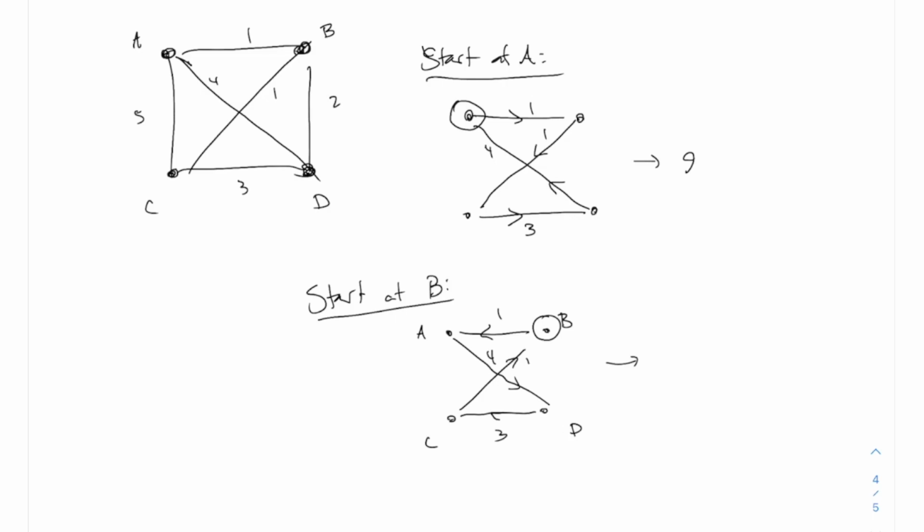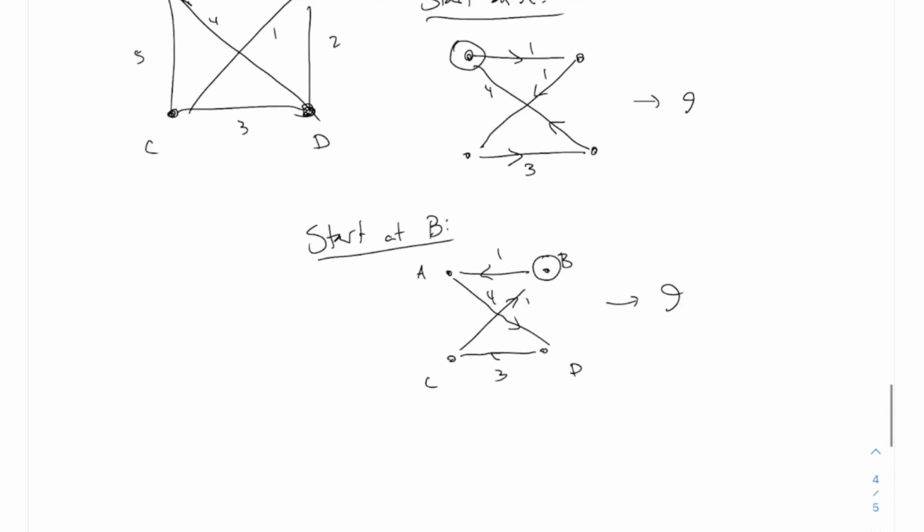So this one actually is 9 again if you add it up. And in fact, those are the same answer, really. They represent the same circuit, just starting and ending at a different point, and the direction is different. This one goes around that way, this one goes around kind of the reverse way, but it doesn't matter.